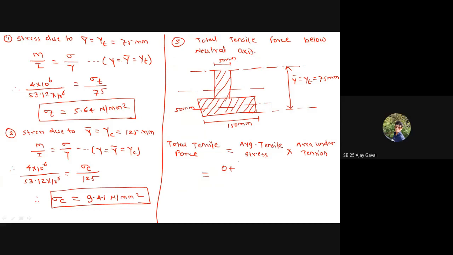Maximum. What is the value? 5.64. Divided by 2, because I am taking the average between the center line and the bottom side. Whenever we calculate the total tensile force, we take the average value of the tensile stress into area.